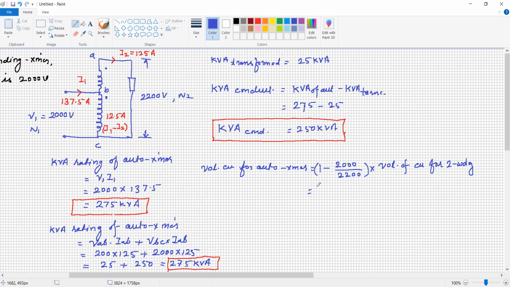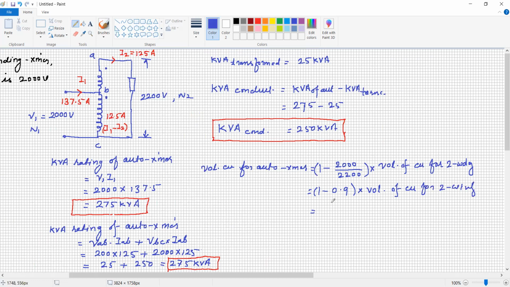So it is equal to 2000 divided by 2200, it's 0.9. So 1 minus 0.9 into the volume of copper for two winding.